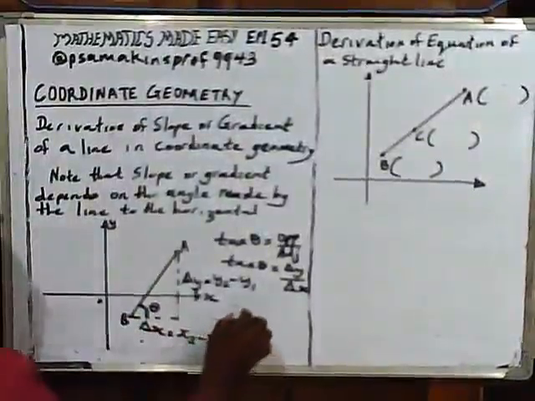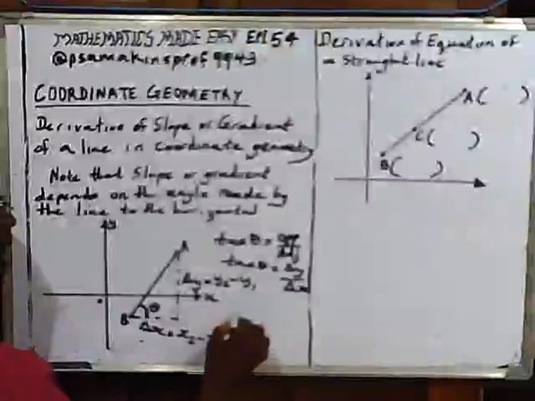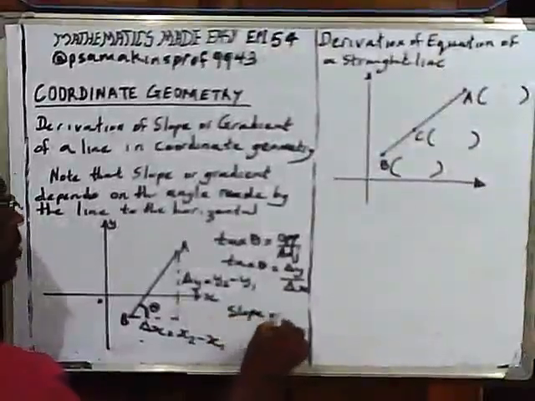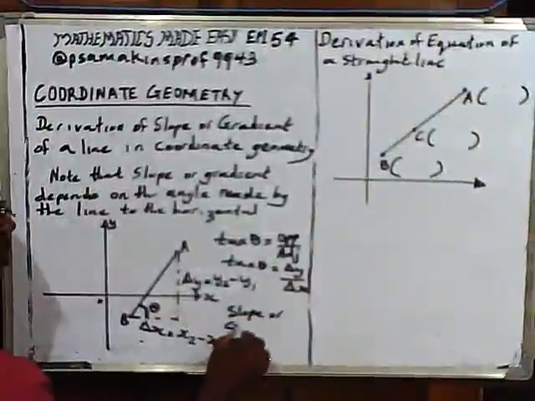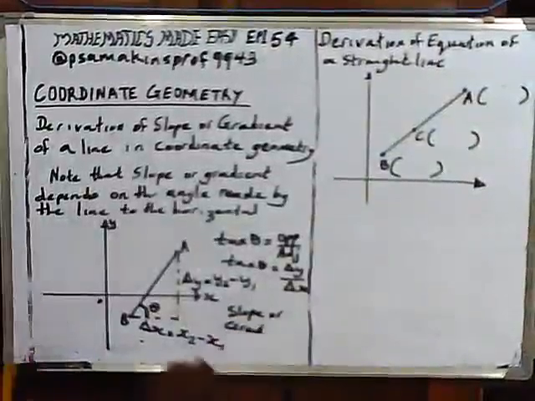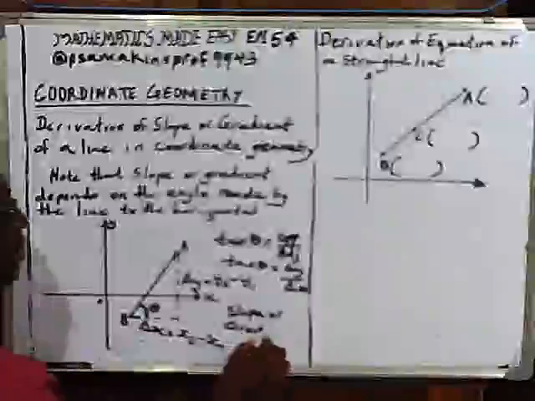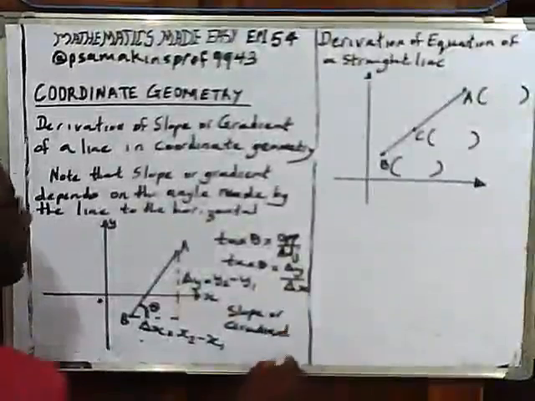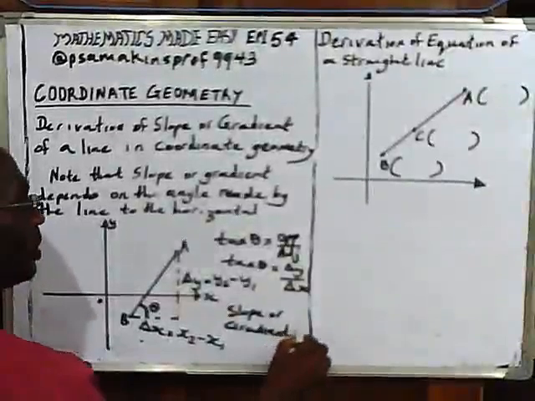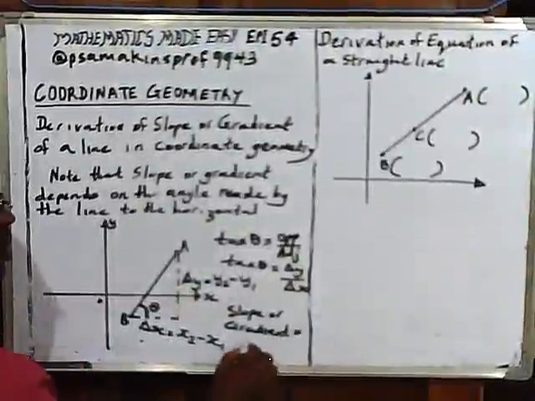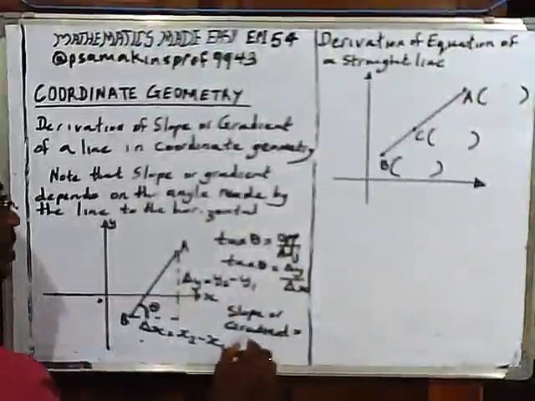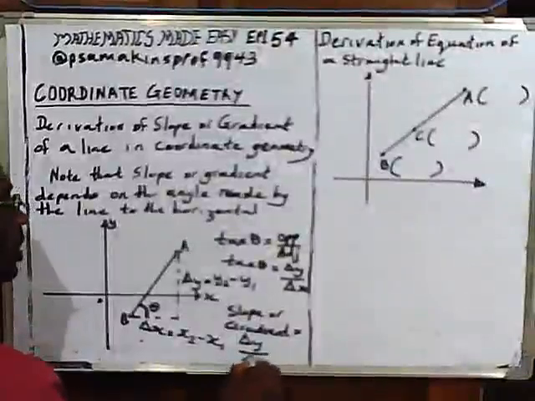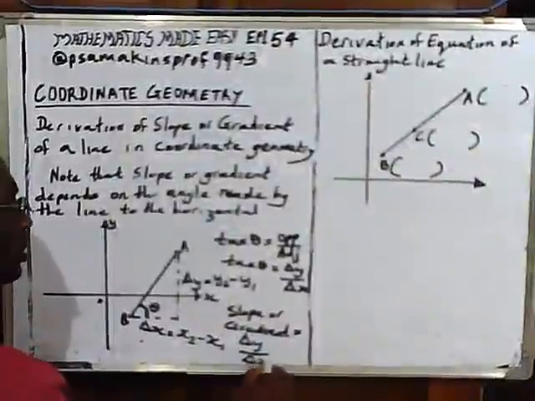So we can call this tan theta the slope or gradient, since it depends on the angle made with the horizontal. So therefore, I can say that slope or gradient is change in y all over change in x.